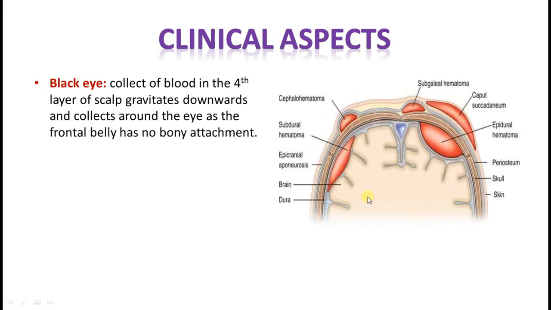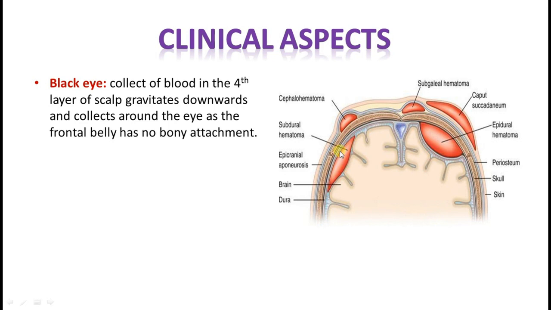And hematomas, if produced, might be subgaleal cephalohematoma, okay, deep to the galea aponeurotica, or sometimes it might be deep to the periosteum, or it might be subdural or epidural.